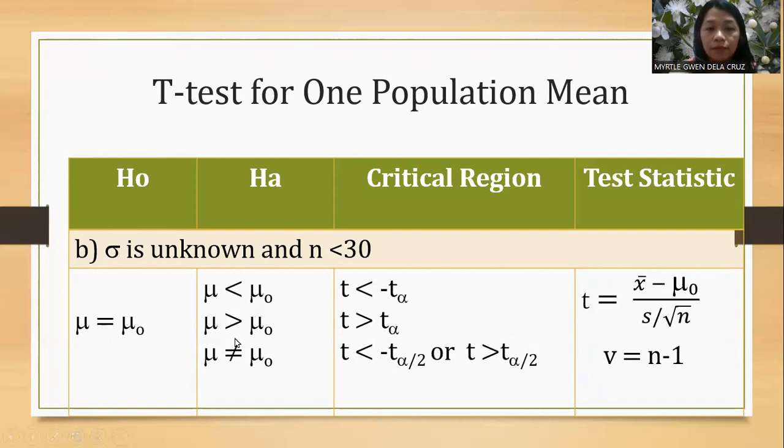And lastly, if you have this alternative hypothesis, mu is not equal to the assumed value, then we're going to have a two-tailed test where the critical region is found on both tails of the distribution. Then our critical region will be t is less than negative t of alpha over 2, since alpha should be divided by 2 since it will be found on both tails, or t is greater than t of alpha over 2.